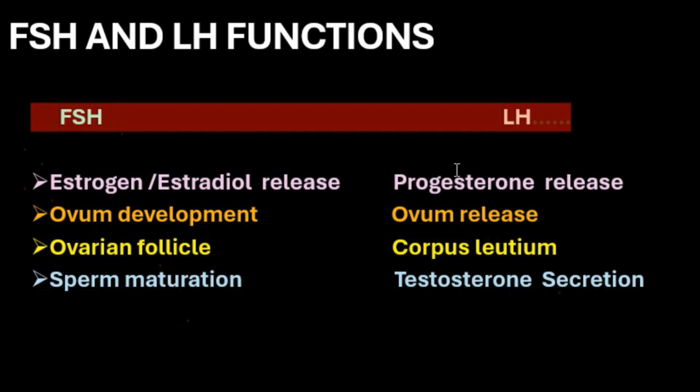Then for the ovum characteristics, FSH is for ovum development and LH is for ovum release. FSH is for ovarian follicle development, while LH is for corpus luteum development. FSH is for sperm maturation and LH is for testosterone secretion. So these characteristics we are comparing here.